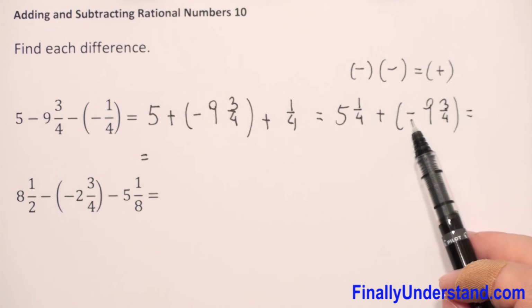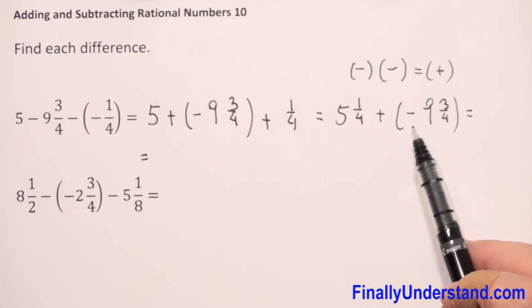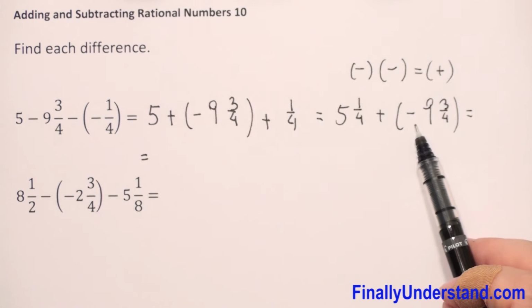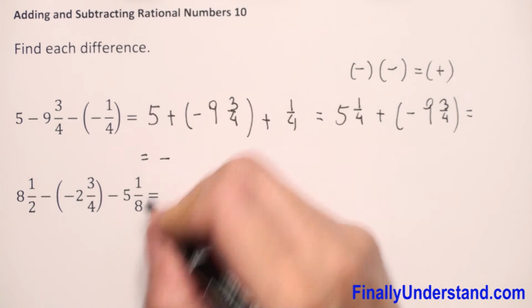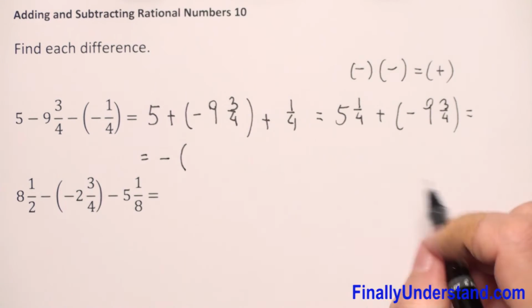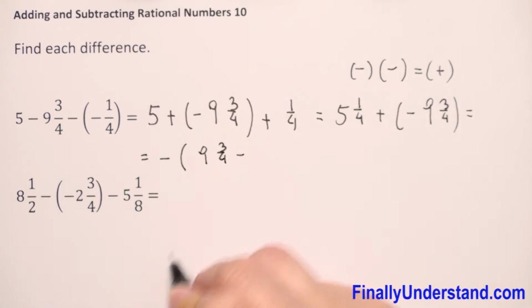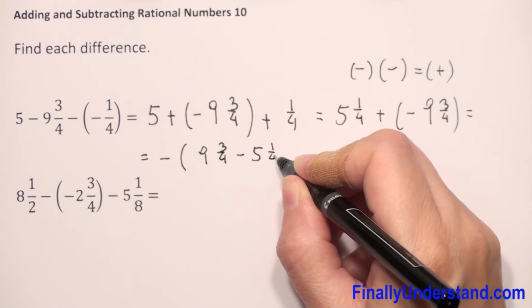We forget about the negative sign. 9 is greater than 5. So now we check the sign before the greater number, it is negative. So we copy the negative sign, we open parentheses, and we subtract the smaller from the greater number. So we have 9 and 3 over 4 minus 5 and 1 over 4.